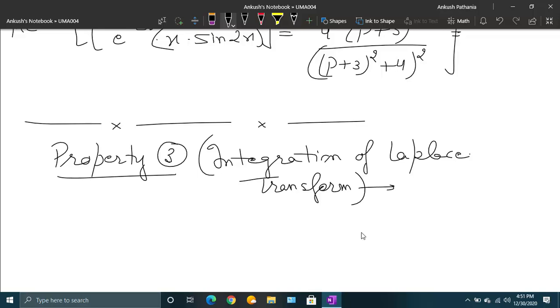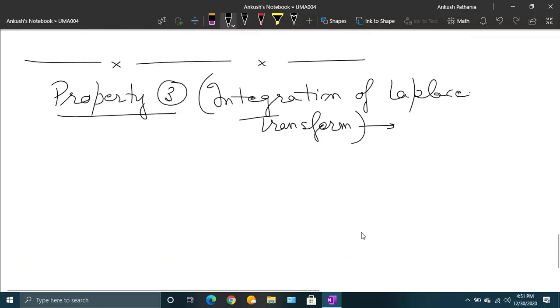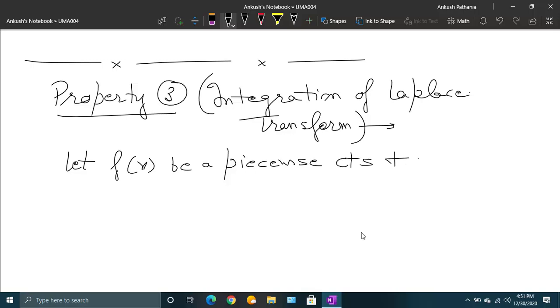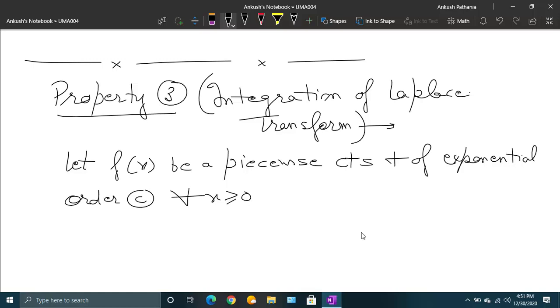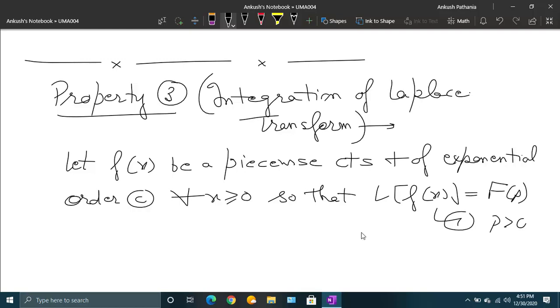So first let me write the property. Let f(x) be piecewise continuous and of exponential order c for all x greater than or equal to 0, so that Laplace of f(x) equals F(p) for p greater than c, no doubt.